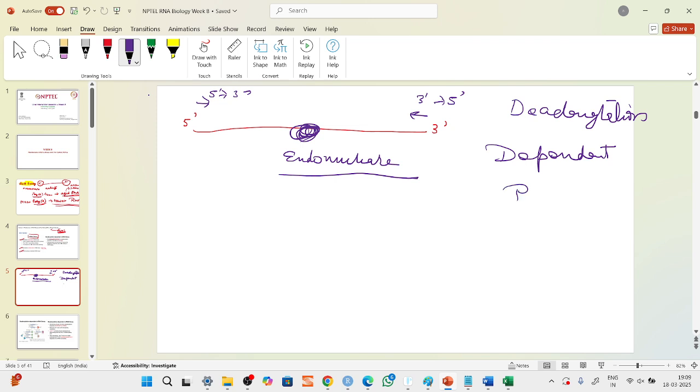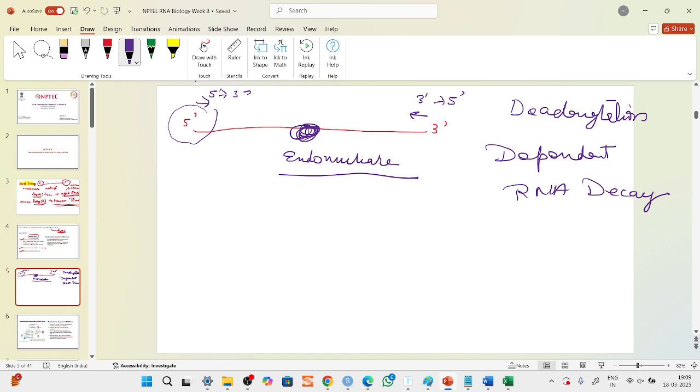Because poly A tails are getting shortened from the 3' end, this can trigger either the removal of the 5' cap and eventually starting the 5' to 3' decay, or directly the 3' to 5' decay.